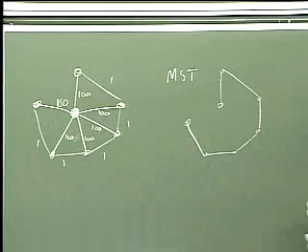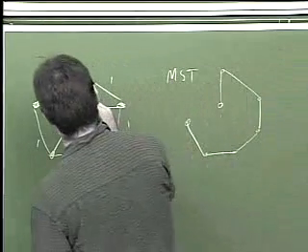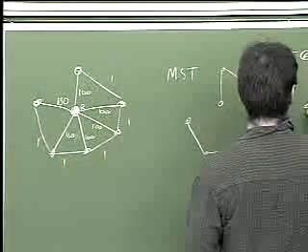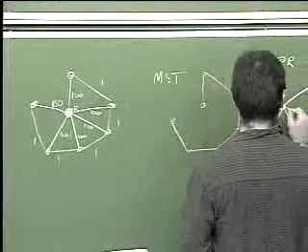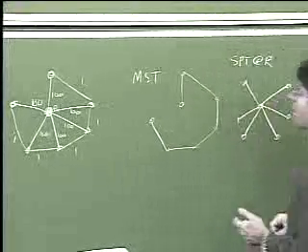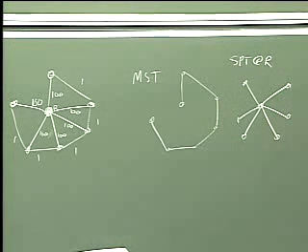And what is the shortest path tree? Let's call this middle node R. The shortest path tree at R looks like that: distance 100 to every other node.